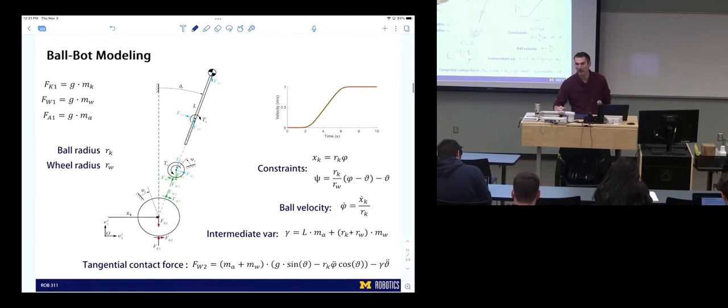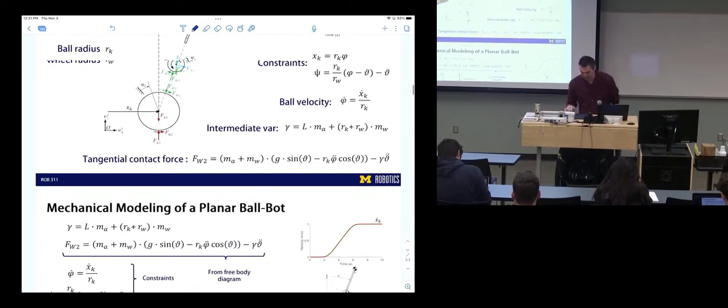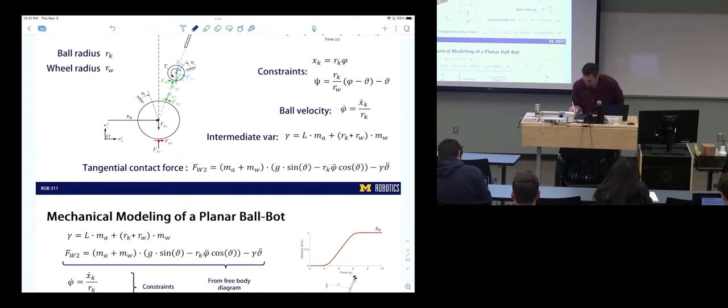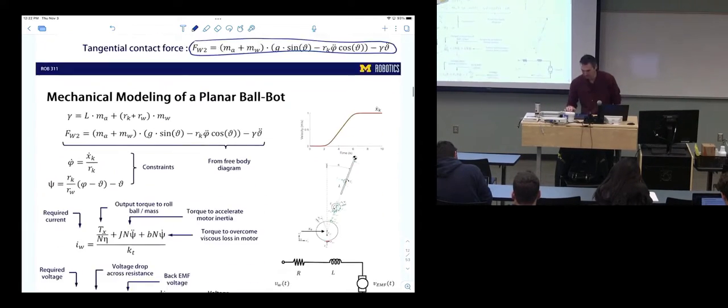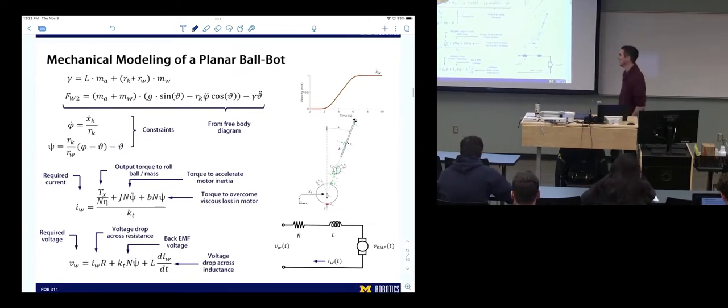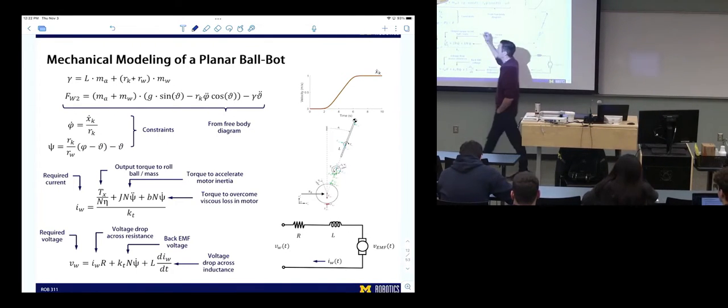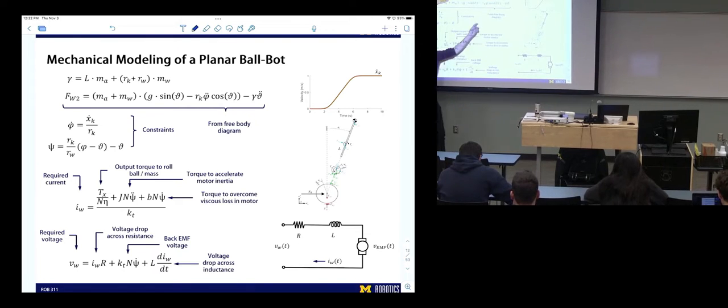This was just modeling the ballbot, so we were getting our equations. We really wanted this equation to get the torque. And this slide basically explains the full process: getting our equations for the mechanics, finding our constraints, solving for motor current, solving for motor voltage, given our velocity profile.